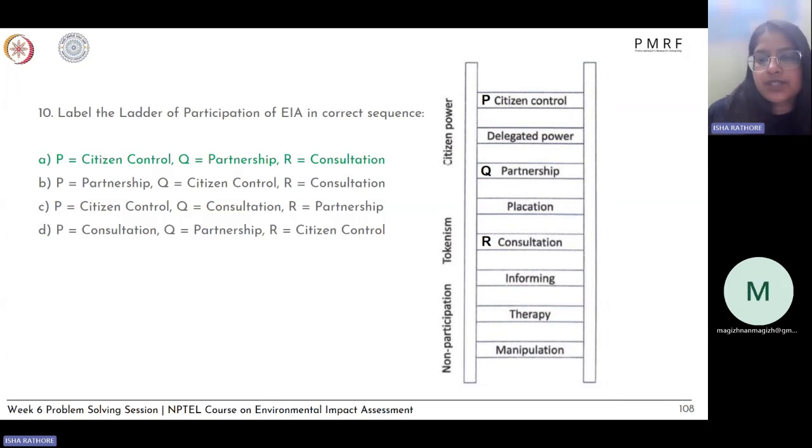So as you move up the ladder of participation of EIA, citizen power increases. So the topmost is P, citizen control, then delegated power, then partnership, placation, consultation, informing, therapy, and manipulation.